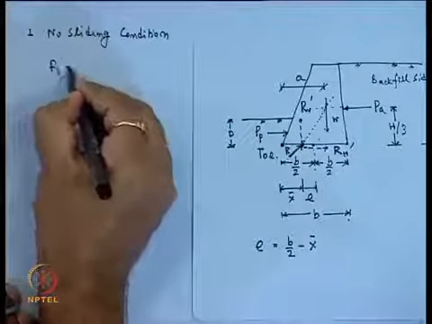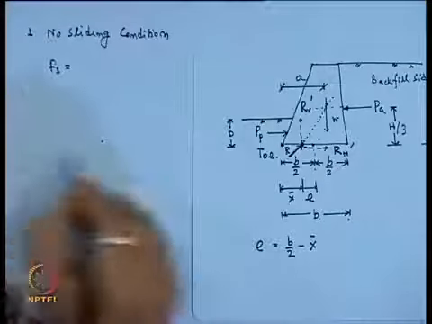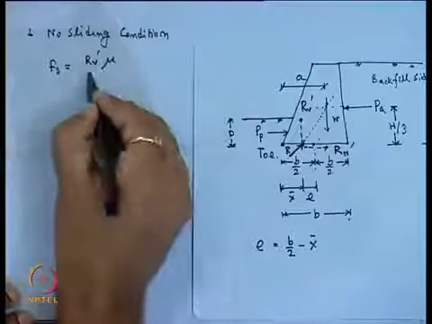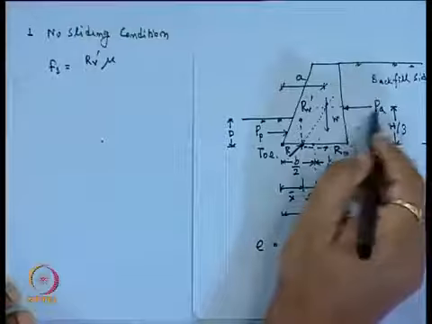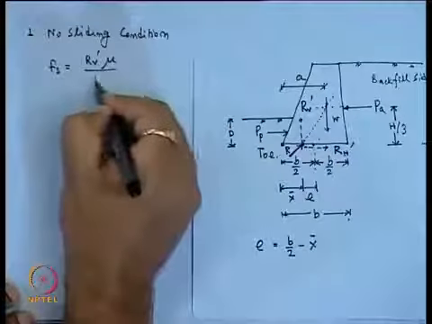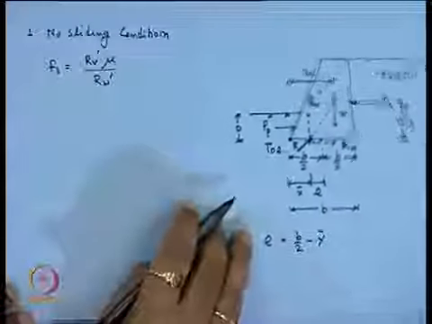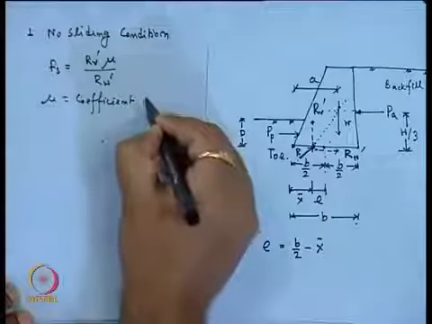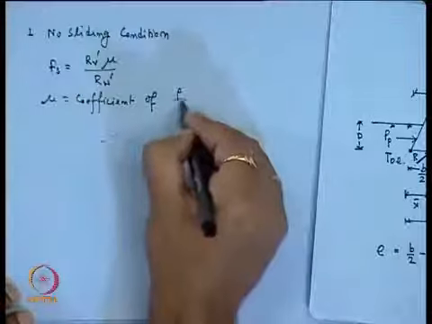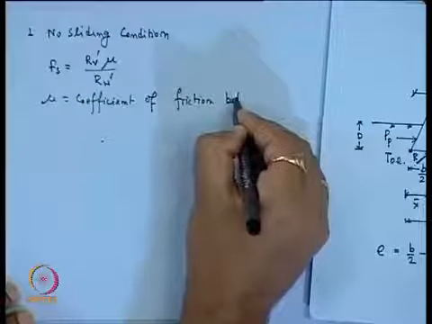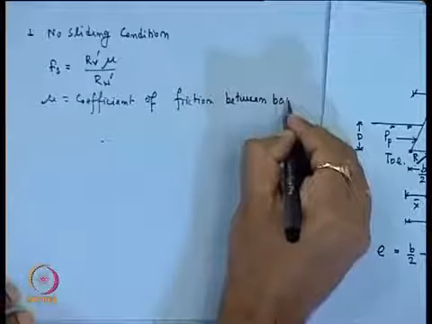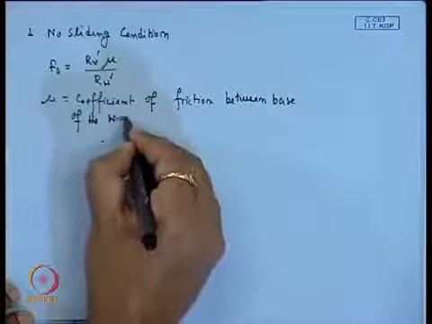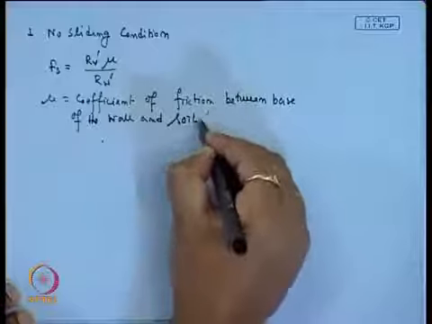So, the factor of safety F_s for the no sliding condition: the sliding force is resisted by this vertical force R_v' into the coefficient of friction mu, and the possibility of sliding is because of this R_h force, that is R_h'. Where mu is the coefficient of friction between the base of the wall and soil, or you can write that it is equal to tan delta.